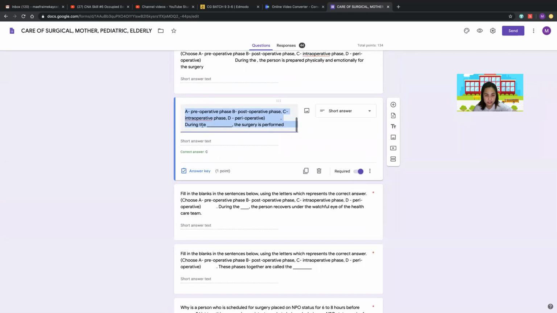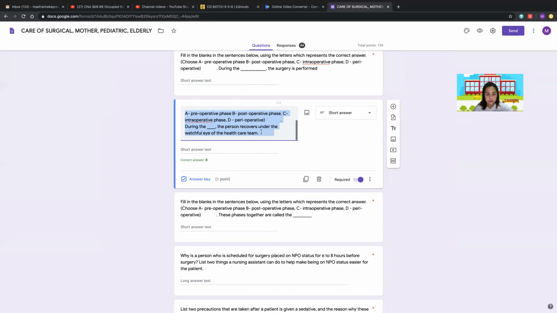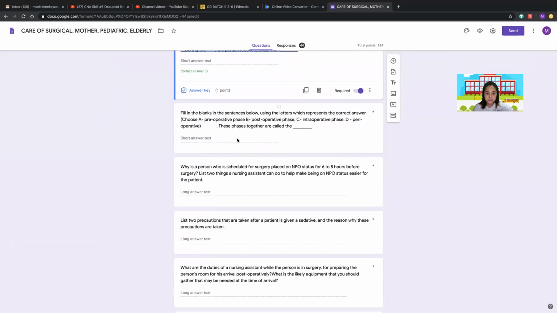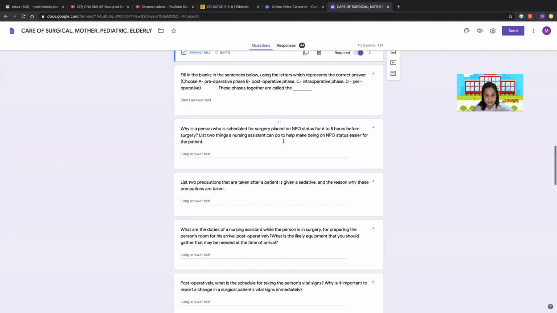So the answer is letter C. Then, during the blank, the person recovers under the watchful eye of the healthcare team. Recovers means the operation is finished already. So the answer is postoperative. Then, these phases together, all the three phases that I've mentioned, this is perioperative. So the answer is letter D.